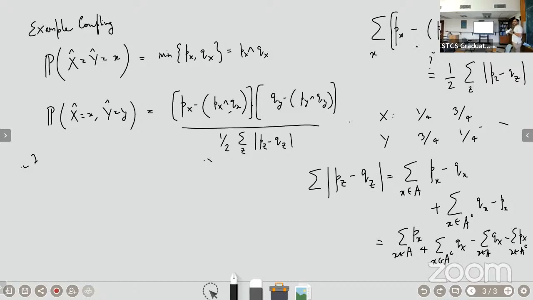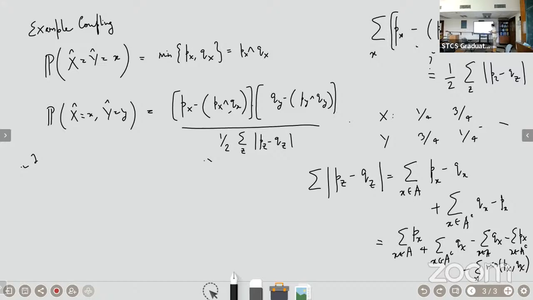Everybody should be convinced that I can write this as minus... This is easy to convince yourself. Even if you don't see it right now, you can just brute force go for each x from left to right or right to left. There's nothing to be done there.